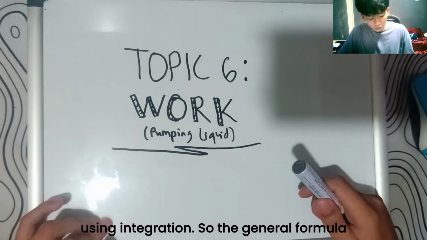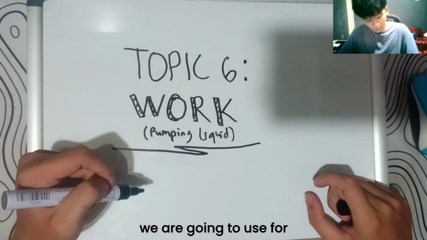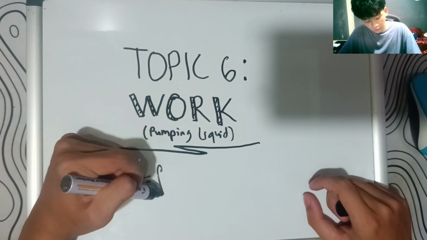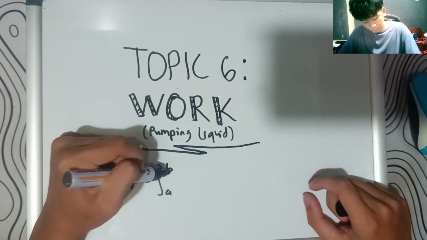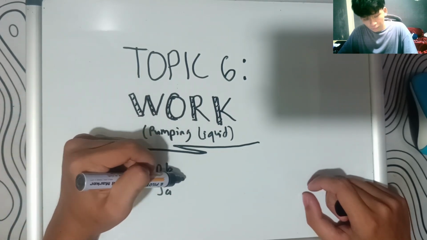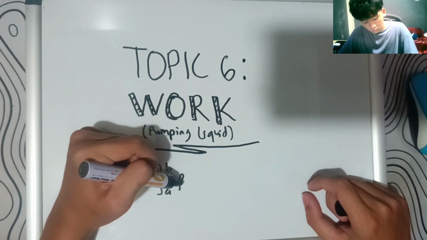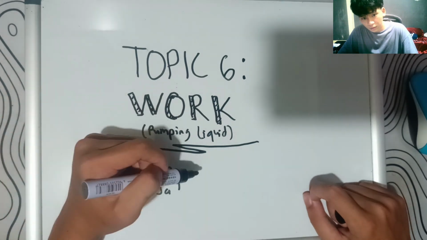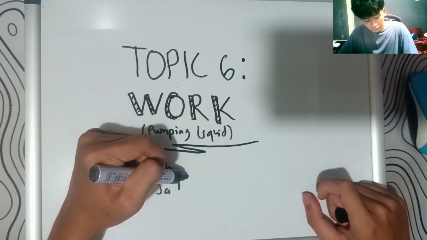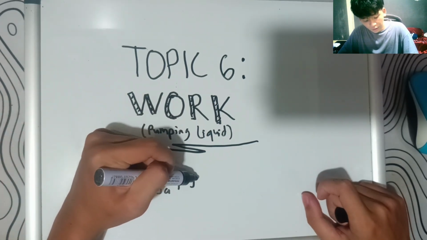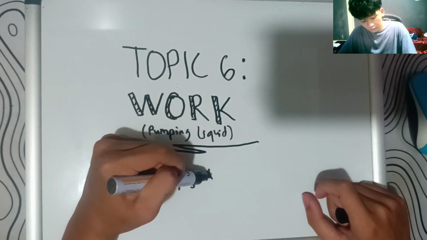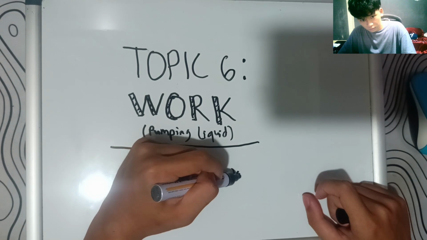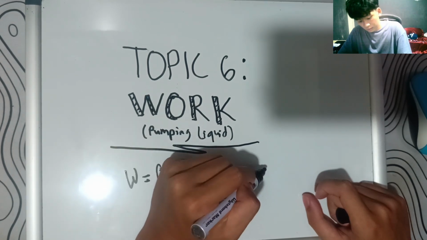So the general formula we're going to use for work is equal to the integration from a to b of rho, this is not power, this is rho, basically density, times gravity times area of y, and distance of y dy.